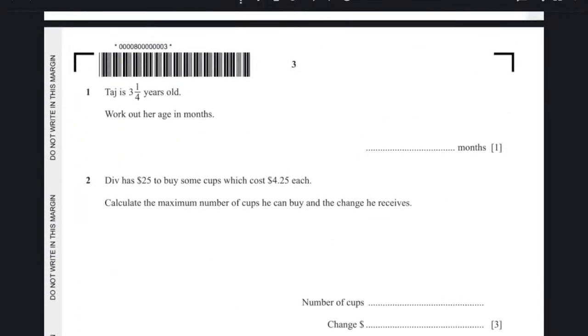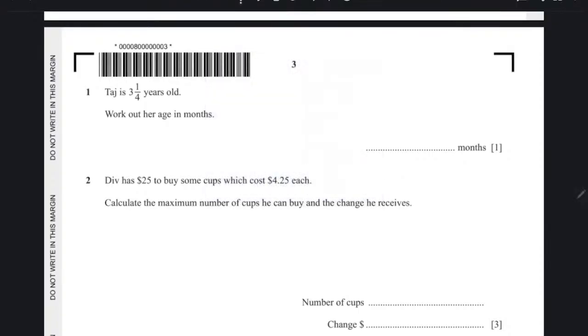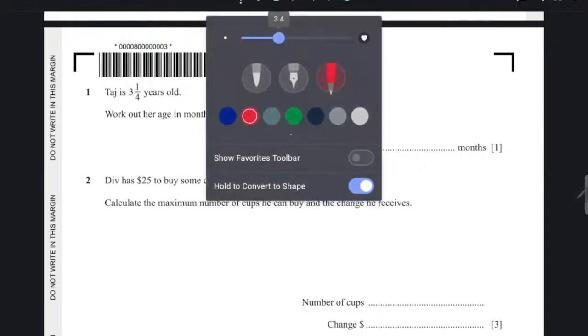So let's go through those questions from unit 1. For example, here, Taj is 3 1/4 years old. So this is like a fraction, okay? And they want you to convert her age in months, okay? So this is just easy.